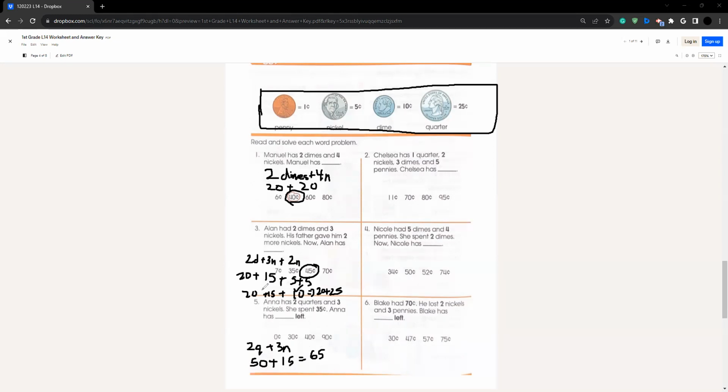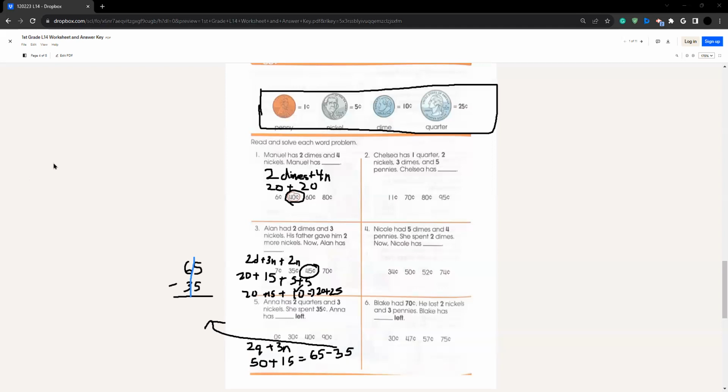And now Anna spends 35 cents. So we do subtraction. 65 minus 35. We'll set it up like a vertical one, the ones that go on top of each other, like that. So now it's easier for us to see. We need to split into the ones place, remember?